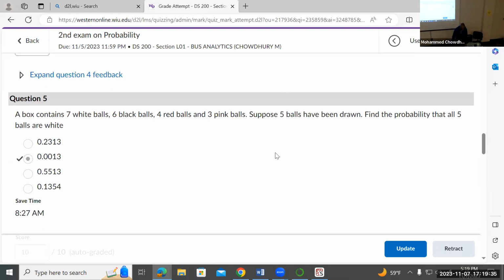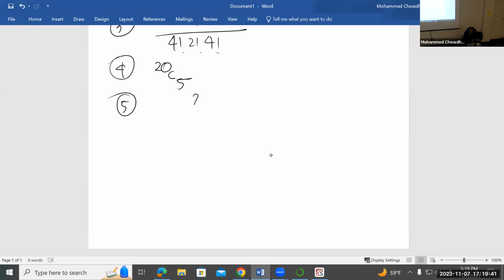Find the probability that all 5 balls are white. So that is 7 choose 5 over 20 choose 5. Find the probability.